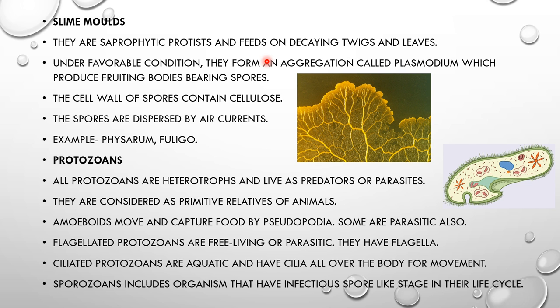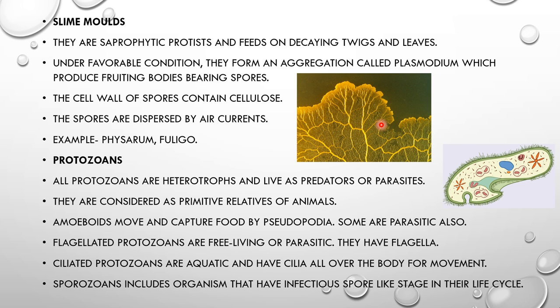Second is the slimy molds. Now what are slimy molds? You can see in the picture, this is a picture of the slimy molds. They are saprophytic protists and feed on decaying twigs and leaves. They have no proper shape, that's why we call them slimy molds.